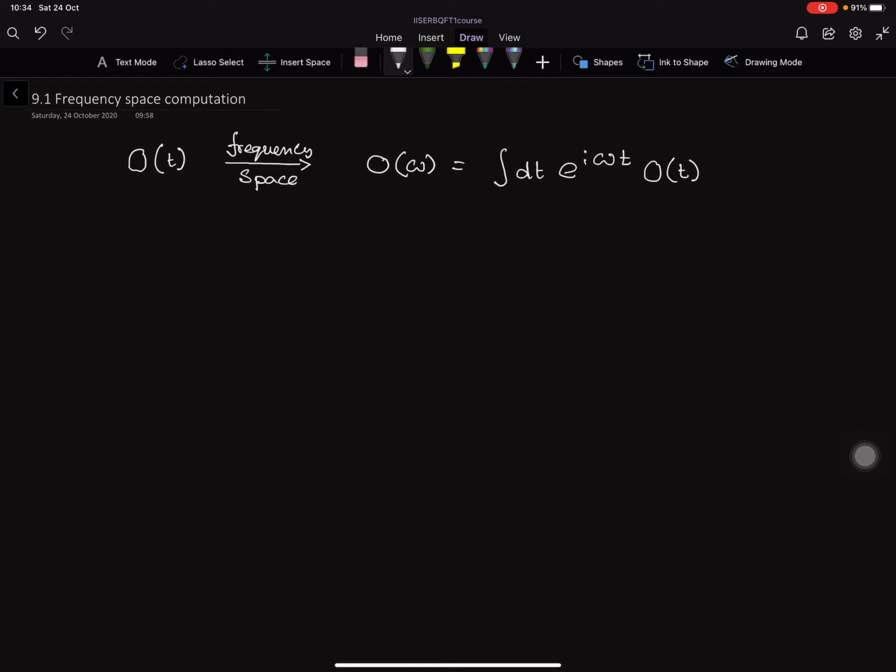So in general, if you have a bunch of operators at different times, then for all of them I can individually Fourier transform.